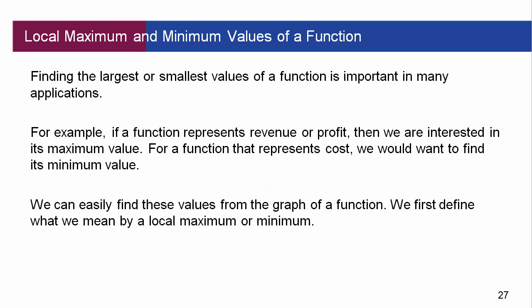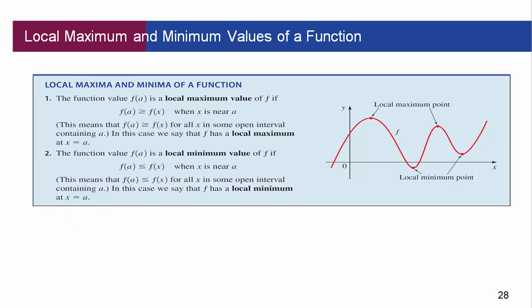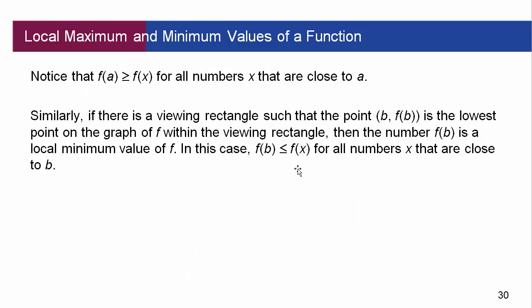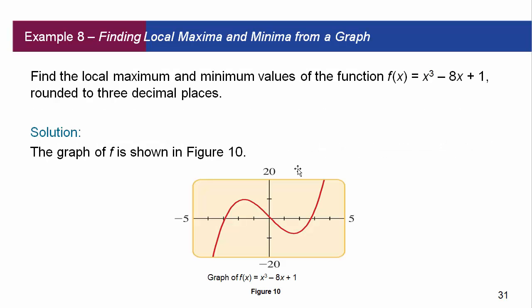All right, minimum and maximums, we know what they are, right? There's a couple local maximums, a couple local minimums. We can find them by just looking at the graph. We can also use calculators to get a better answer than just looking at the graph.